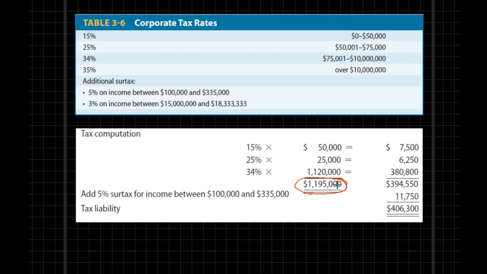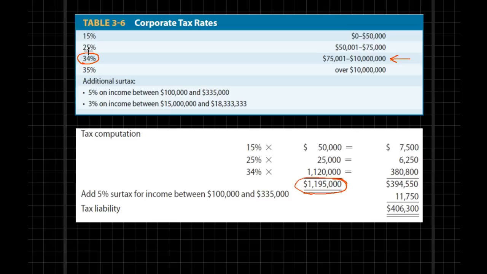So this figure falls into the third tax bracket. As you can see here, $1,195,000 is in the third tax bracket, which is the 34th percentile. But that's really the marginal tax rate.